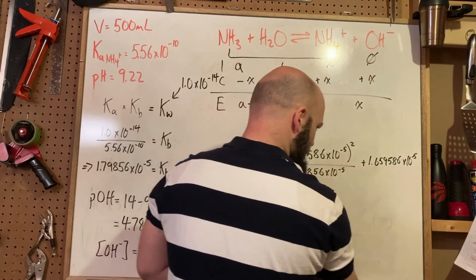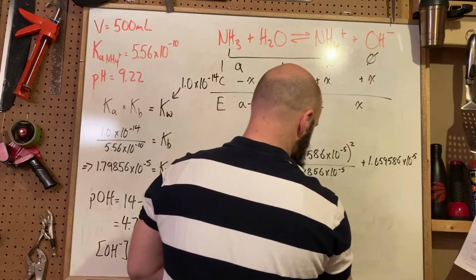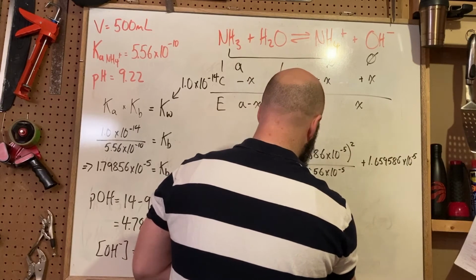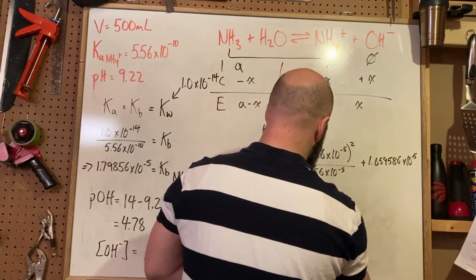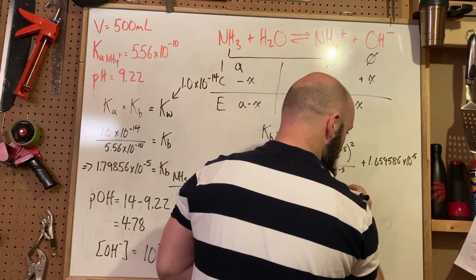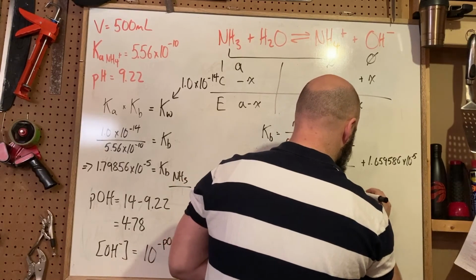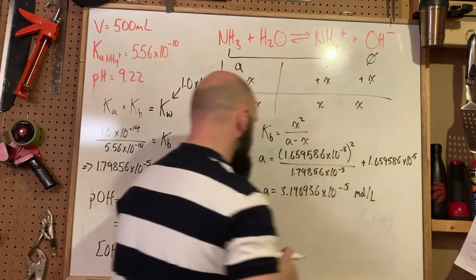Write all of that out, and your A value is 3.19096 times 10 to the negative 5 moles per liter.